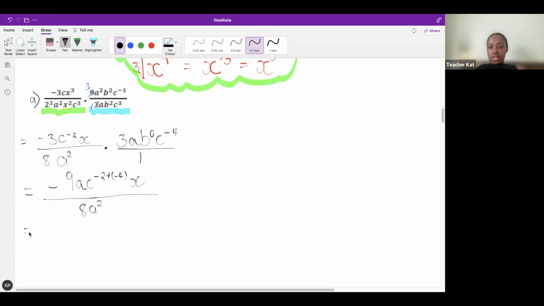Okay, now let's go to the next step. Over here, this plus minus situation is going to do what? It's going to give us a minus. But let's look at my a first. It's going to be a to the power of what minus what? 1 minus 2. So my new exponent for a is, we're back to dividing, a to the power of 1 in the numerator minus 2 in the denominator.